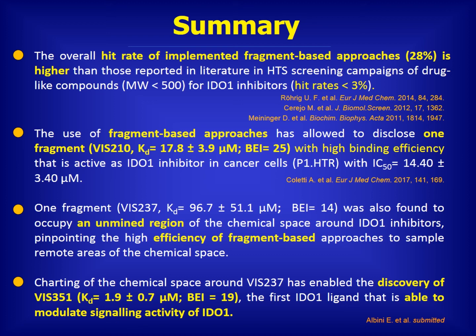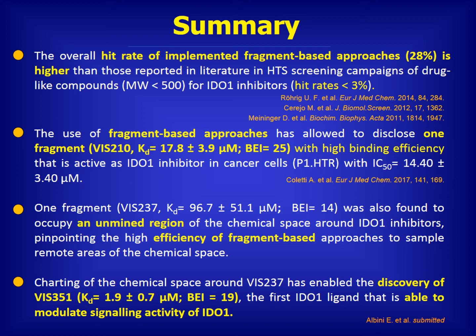Moreover, the fragment-based campaign has allowed us to disclose one fragment, this Q10, with a high binding efficiency that is active as an IDO1 inhibitor in cancer cells and can represent an interesting hit compound for further optimization to develop novel inhibitors of this enzyme.